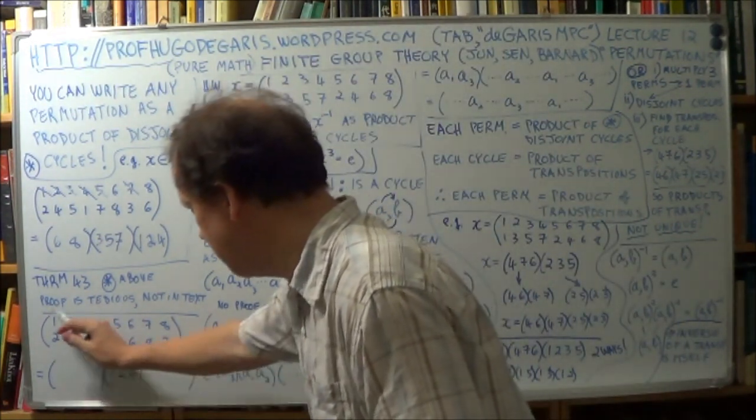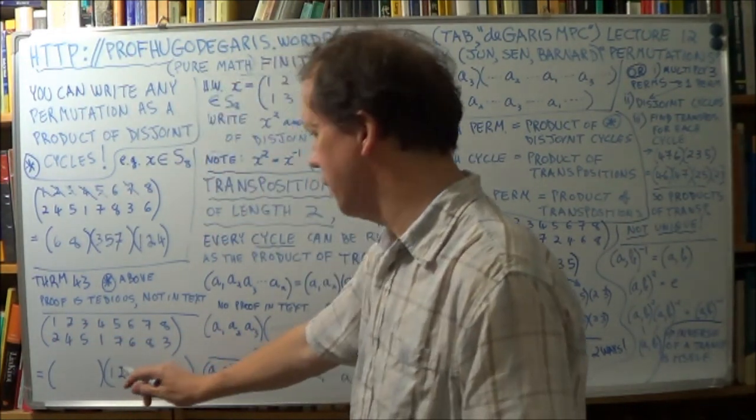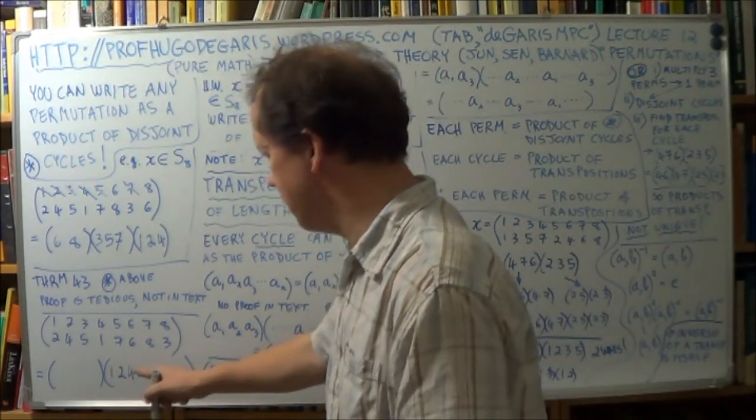Just check that. 1 to 2, 2 to 4, 4 to 1. No, I don't need the extra 1. Okay, made that mistake before. So there's one cycle.